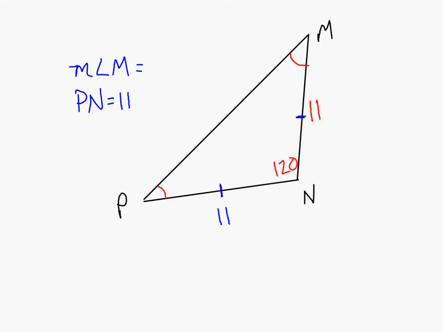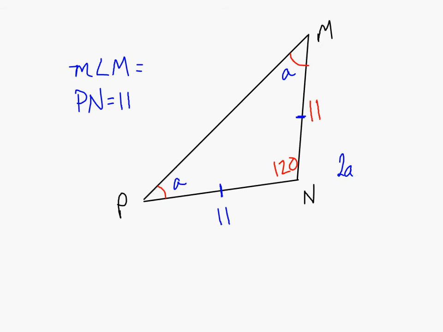Now you've got angle P congruent to angle M, and you have to find a missing angle measure. If you call this angle A, then angle M has to be labeled A too. So how many A's do you have?